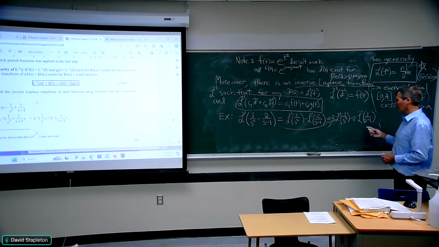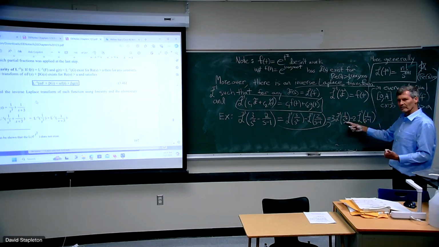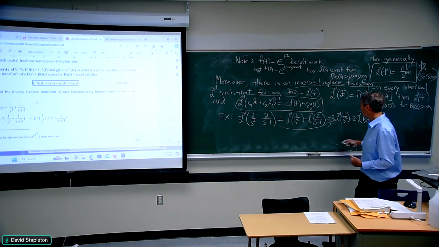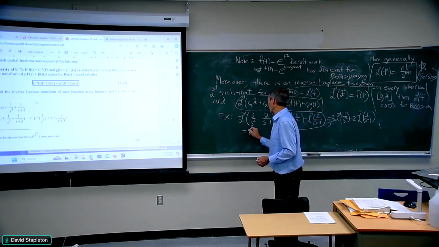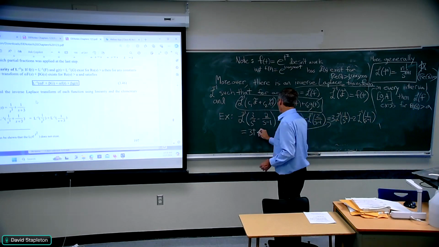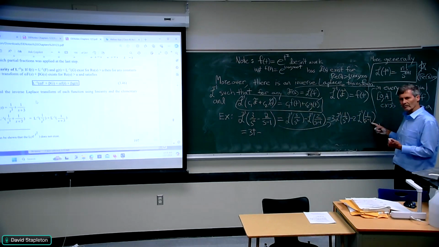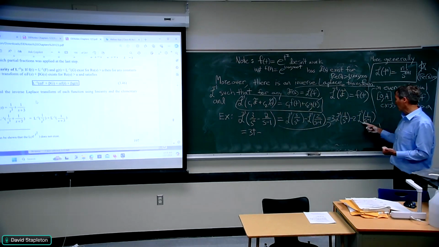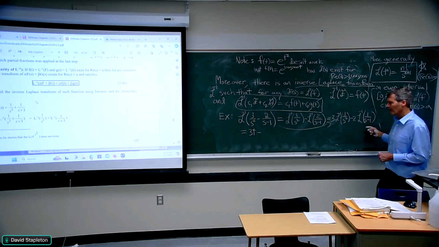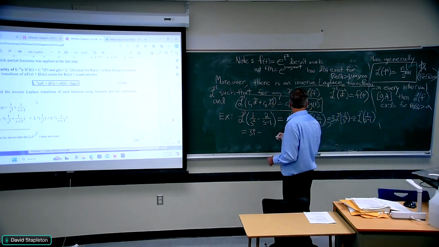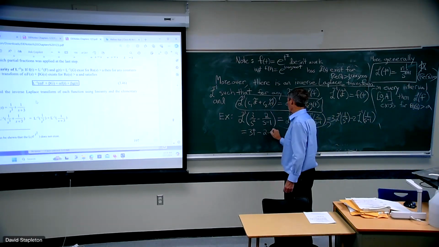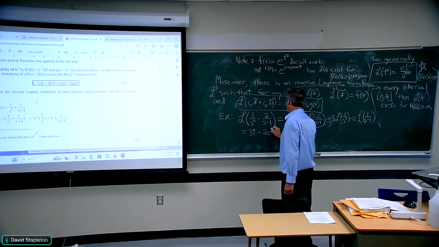Now, why did I write it like this? Because I've seen what function has the transform 1 over s squared. Oh, it was t, right? That was the transform of t. So this is equal to 3 times t, the function whose transform is 1 over s squared, and 1 over s minus a was the transform of e to the at. So 1 over s minus 1 must be the transform of e to the 1t, so by our previous table, e to the t.